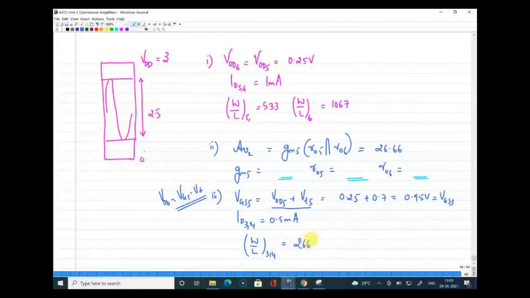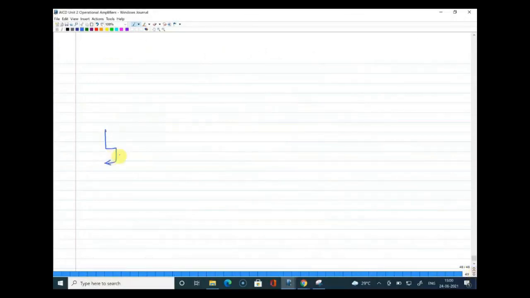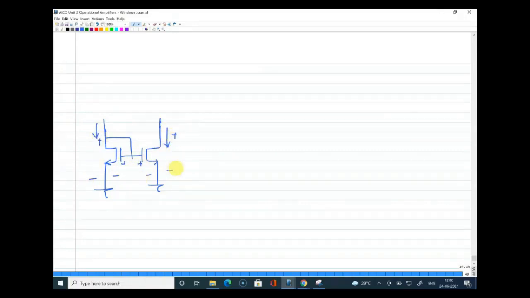I think Ayushi, you posted it. It is 266.67. All right. So coming back to this current mirror part, this is something we need to understand. For a current mirror, whatever current I am pumping here, the drain of the other transistor will also carry the same current under only one condition. What is the condition? The VGS of both transistors and VDS of both transistors should be equal.